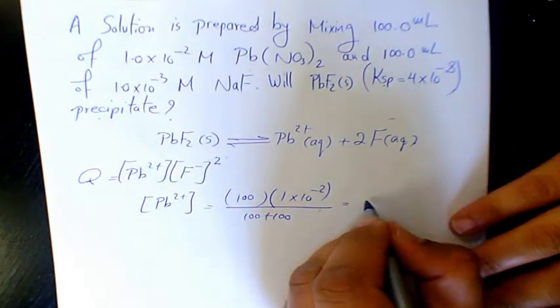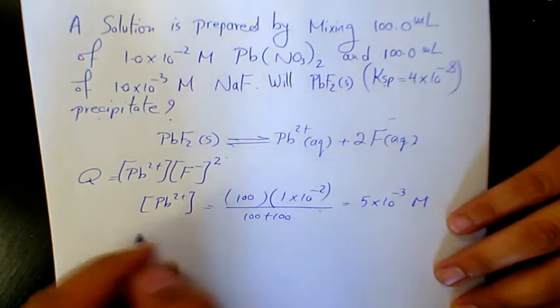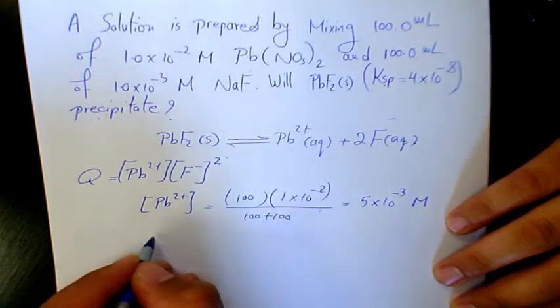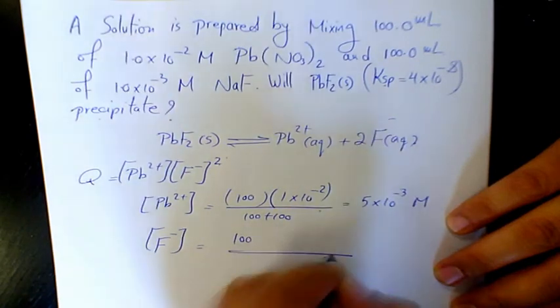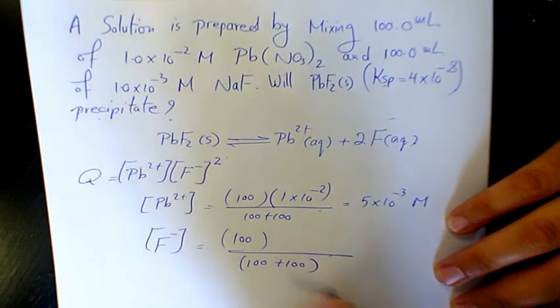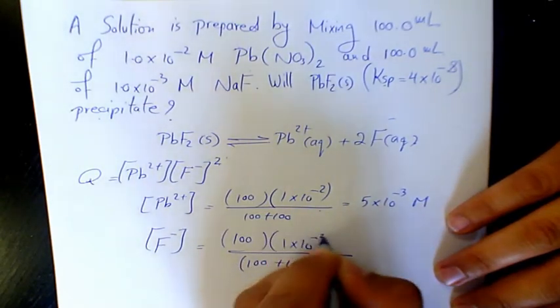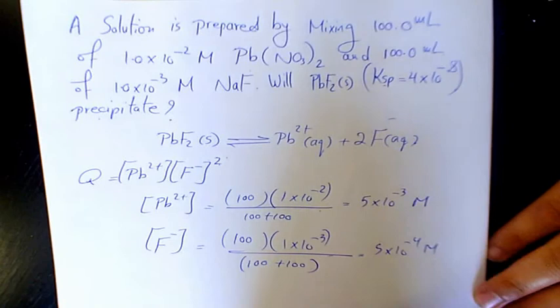So that will be 5 times 10 to the power of negative 3 molar. Next one is fluoride. Same thing, because the other one doesn't have fluoride, we just consider the concentration of sodium fluoride. That's going to give us 5 times 10 to the power of negative 4 molar.